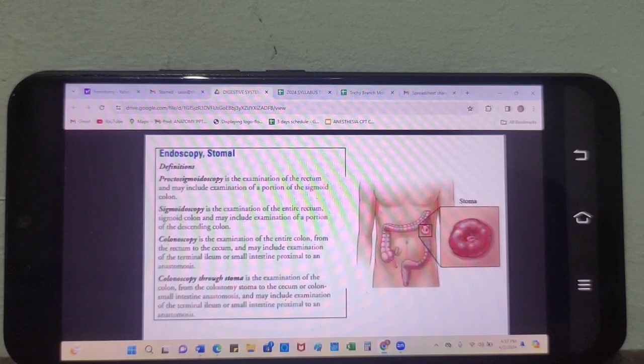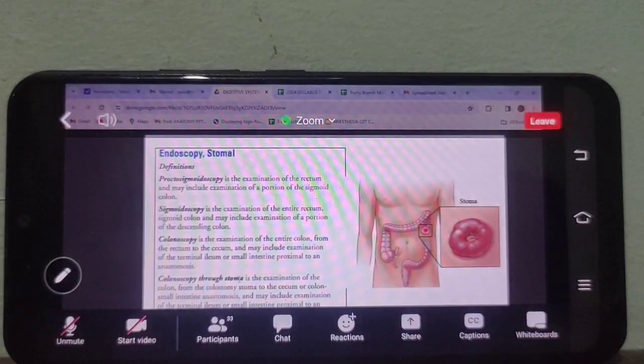The surgeon just makes a hole on the abdomen and inserts the scope. From that stoma, it examines up to the cecum. Colonoscopy through stoma means from the colostomy stoma to the cecum.